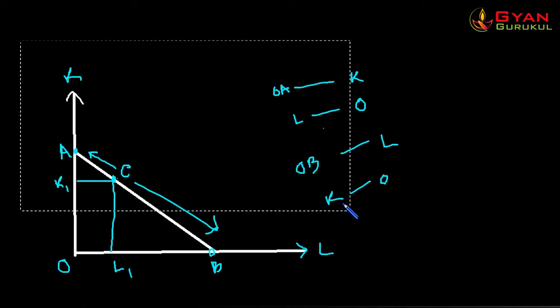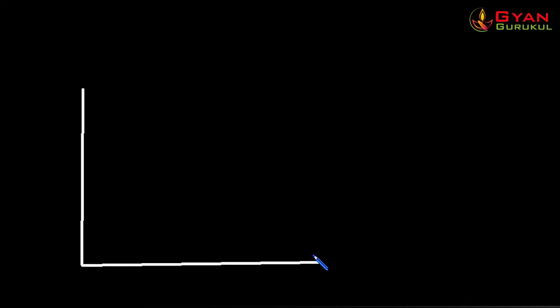Now let's move to another new form of isoquant. Clear? Let me draw one. This is our y-axis, this is our x-axis, this is capital, and this is labor, right? Now the new form of isoquant would be like this.